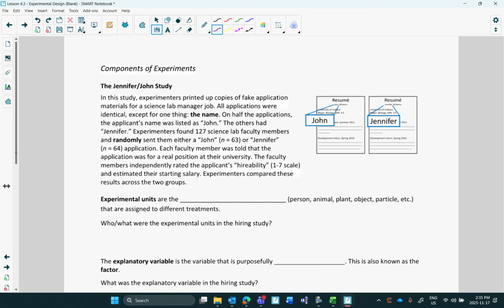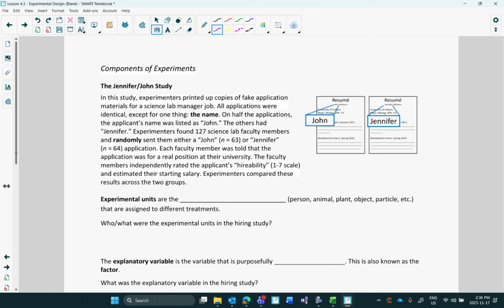They found 120 science lab faculty members and randomly sent them either a John or a Jennifer application. Each faculty member was told that the application was for a real position at their university. The faculty members were asked to rate the applicant's hireability on a scale from 1 to 7 and estimate what their starting salary would be.